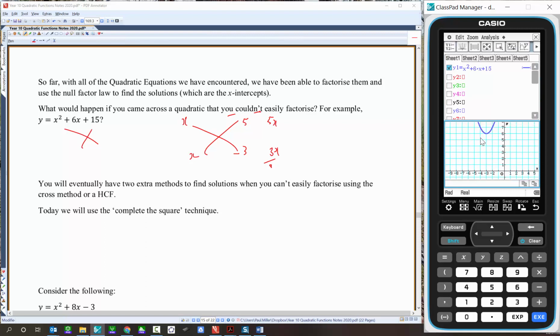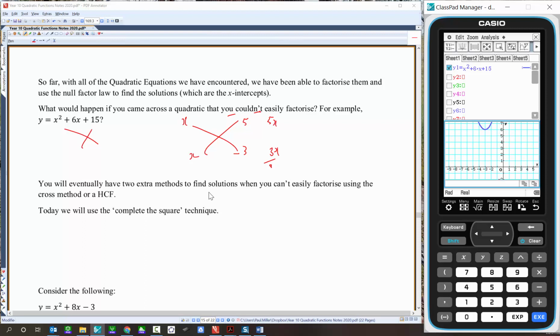That's one reason why I can't factorize this function. Remember, you can only factorize a function that can be solved, that actually has x-intercepts. And notice that this actually resides well above the x-axis. So that's one reason why I can't factorize this one. But there are other reasons why I still can't factorize particular functions that do have x-intercepts.